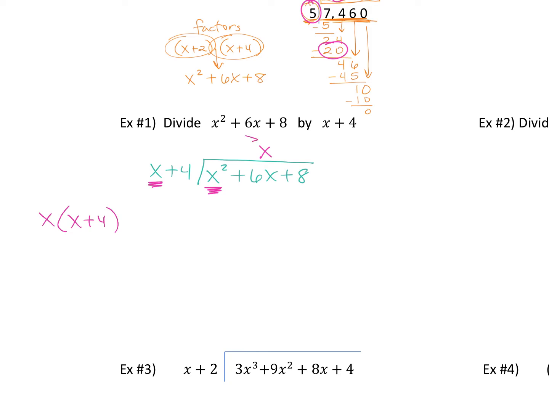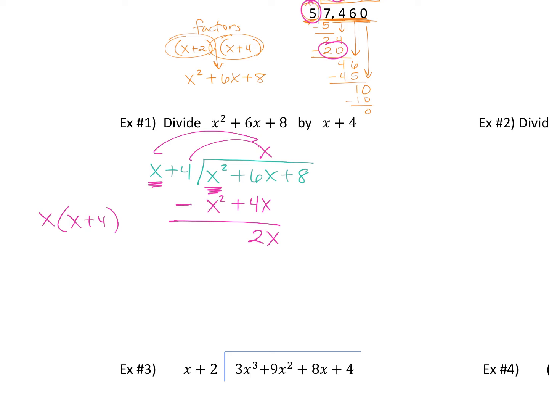You can do it like this if you want. I don't care. But we're gonna distribute that x to the x plus 4. So x times x is x squared. x times 4 is 4x, okay? Now in long division, what's your next step? Subtract. So we're gonna subtract. x squared minus x squared is 0. 6x minus 4x is 2x.